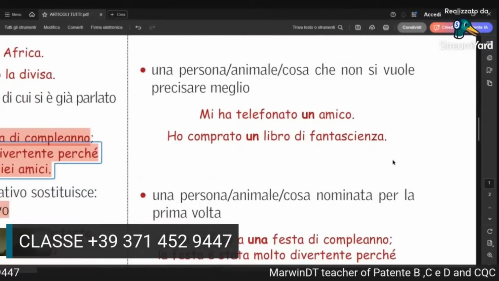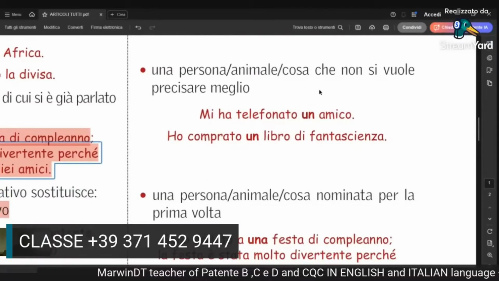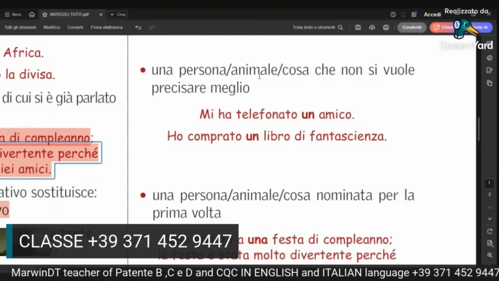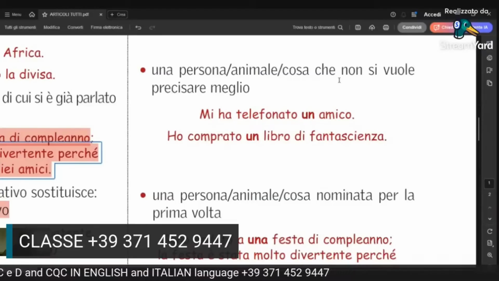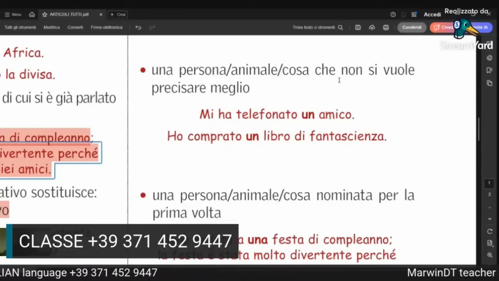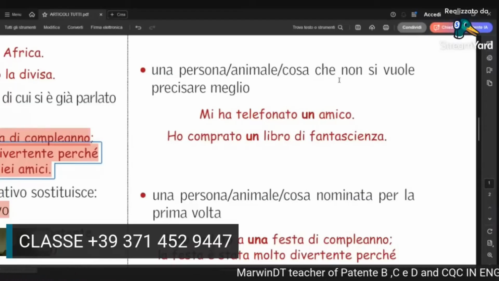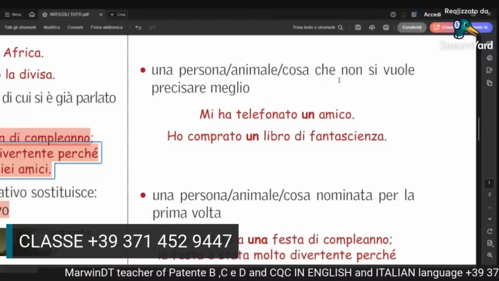Now, another articolo indeterminativo, another example is una persona, animale, cosa che non si vuole precisare meglio. To indicate something that we don't want to specify or specifically tell the quantity or the specific person or thing.